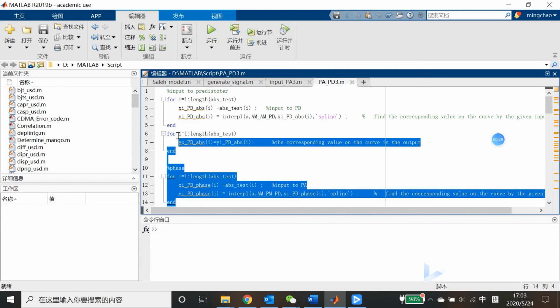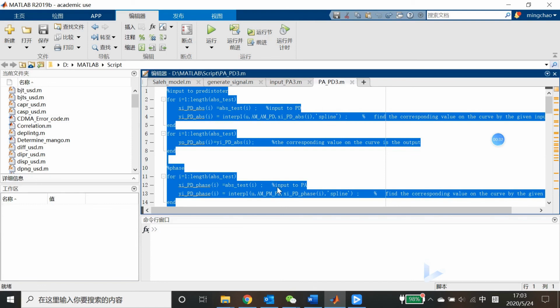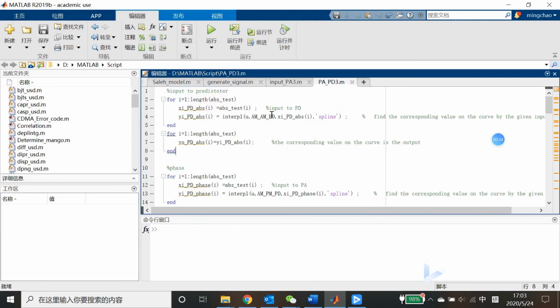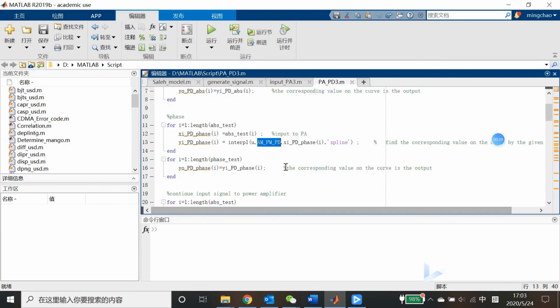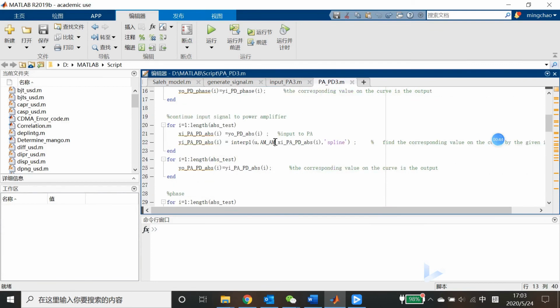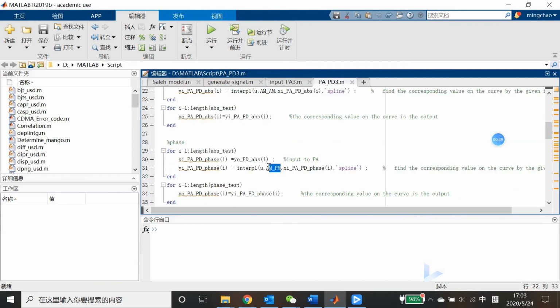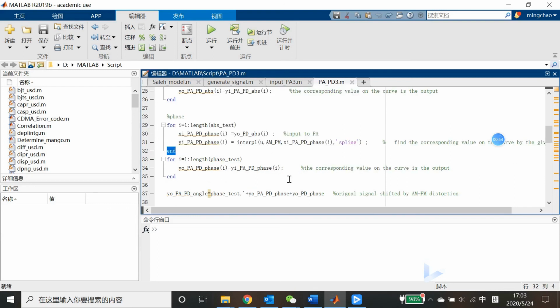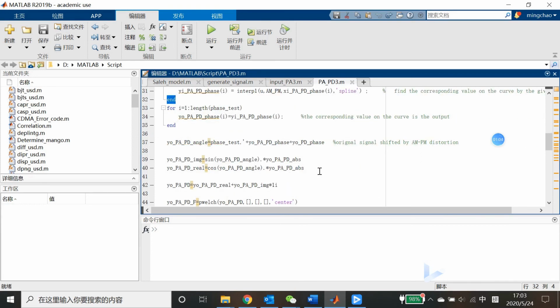In the predistortion function blocks, we use the predistortion parameter. In the power amplifier function block, we use the power amplifier parameter to help us build the lookup table. After we look up the corresponding output value using the lookup table, we recover the signal in the same way.